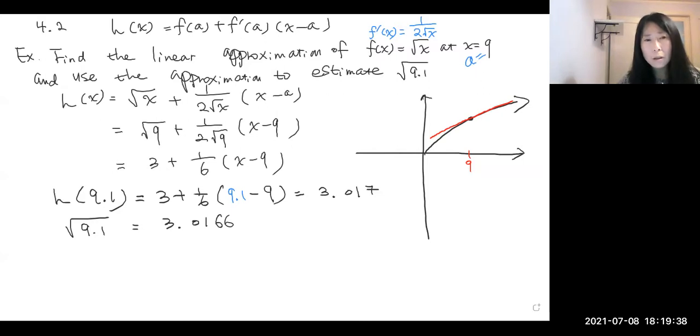Almost same as the actual value. Okay. We have a really nice function, which is square root of x, but if there's a crazy polynomial and we want to approximate at a point, then we use linear approximation because linear is always easy to approximate, okay?